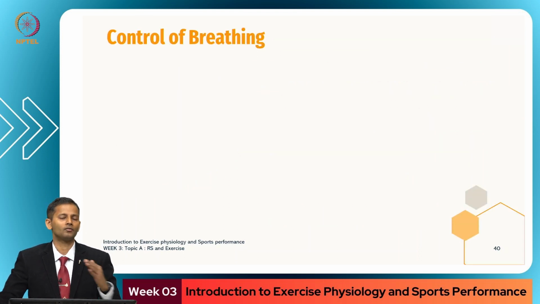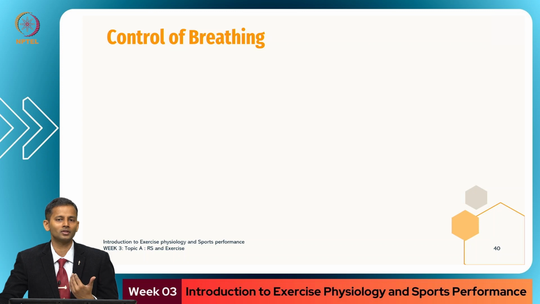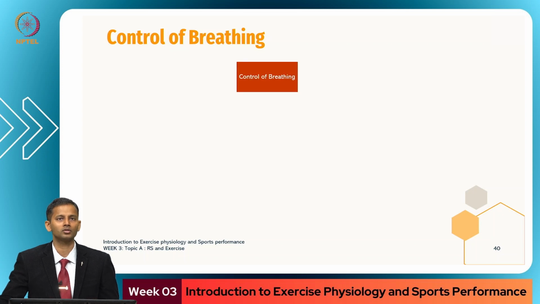So we discussed the breathing mechanics, various volumes, the minute ventilation and the alveolar ventilation, and how the gas exchange happens. But then these are all controlled by certain factors. So what controls the breathing?